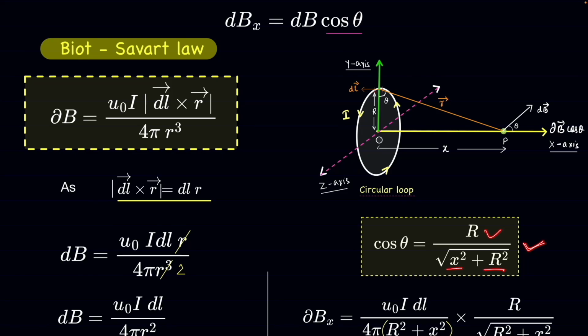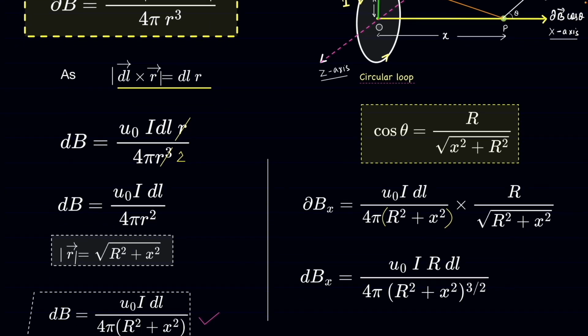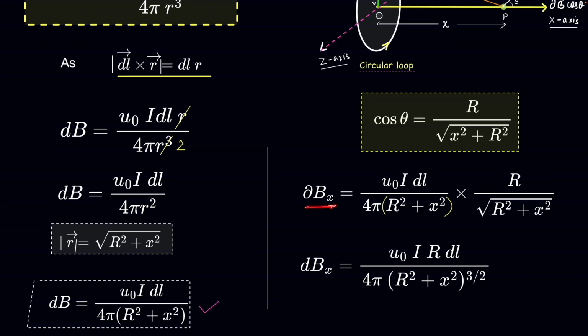Now if we substitute the value of cos theta here, and dB we already got, we can say that along the x-axis the magnetic field dBx is equal to mu naught I dl by 4 pi (R square plus x square), into cos theta, which is capital R by root of R square plus x square.